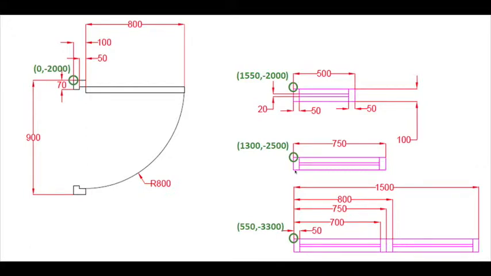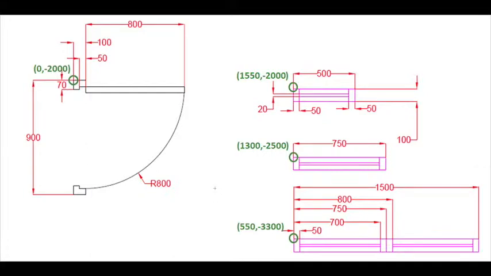I've also pre-calculated the insertion points. These are the insertion points of these windows, and the door is 0, minus 2000, which will be significant, that we will use when we begin to draw the doors and windows schedule in part 4.